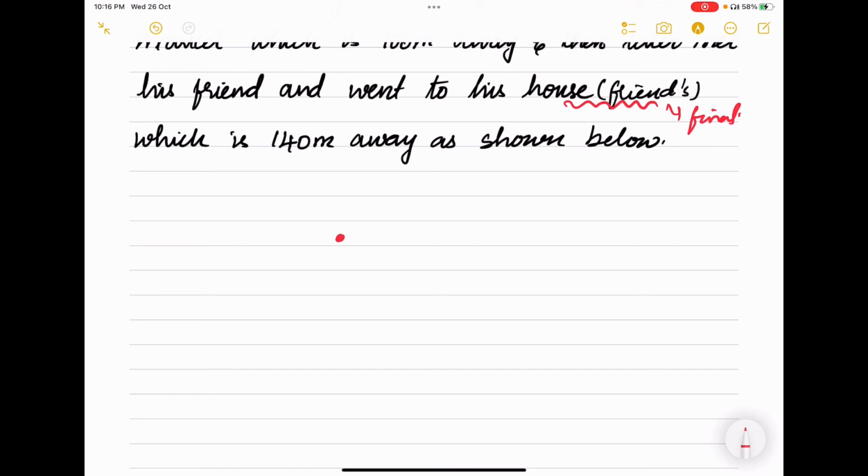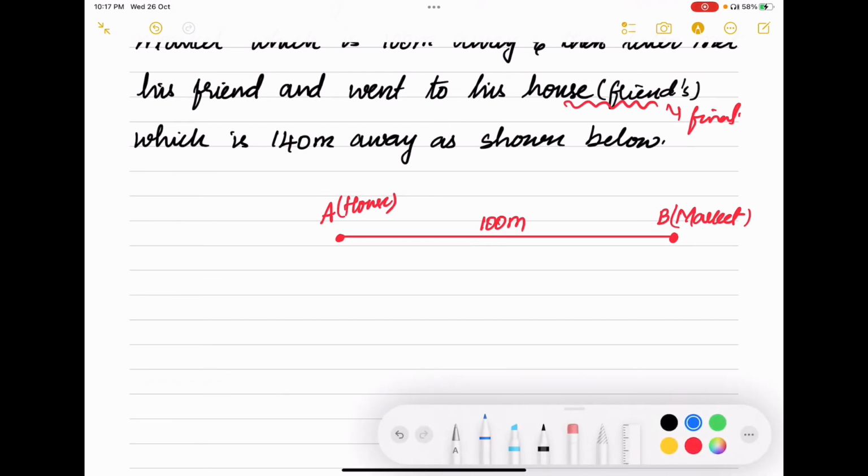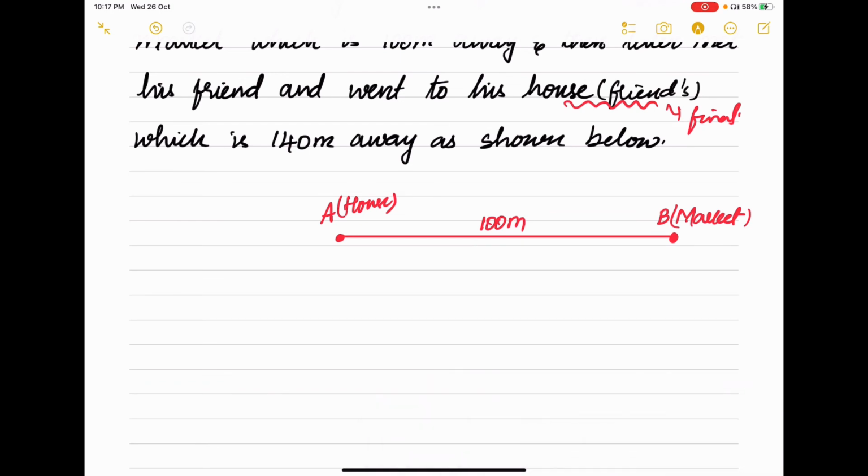Say this is A, assumed to be the house, the initial point, and say this is market. He just reached over there, B, which is 100 meter away, and met his friend over there, and then he went from the market to his friend's house, which is 140 meter away.